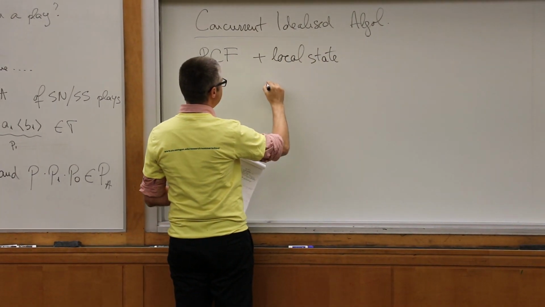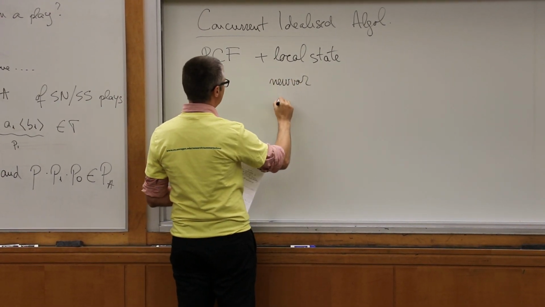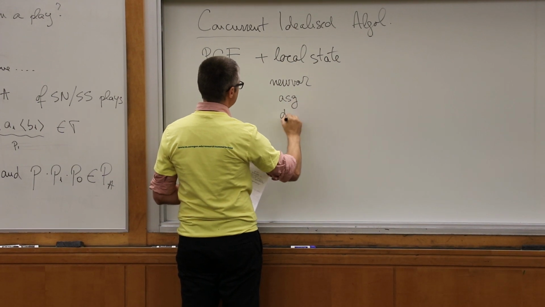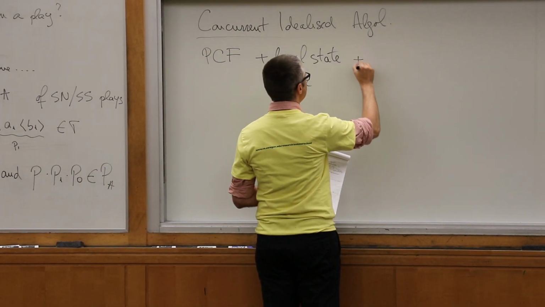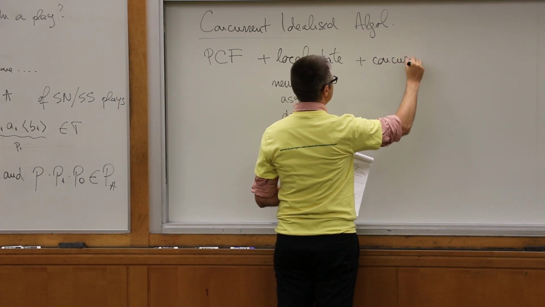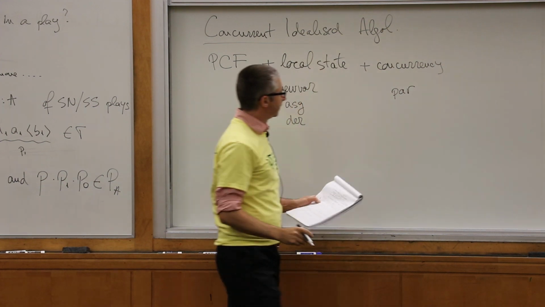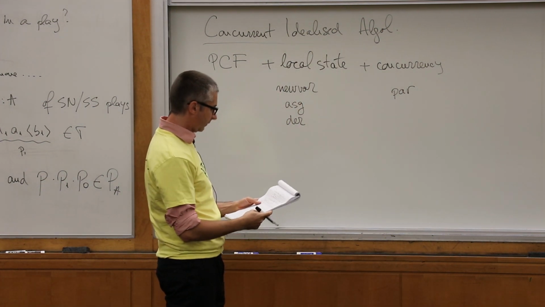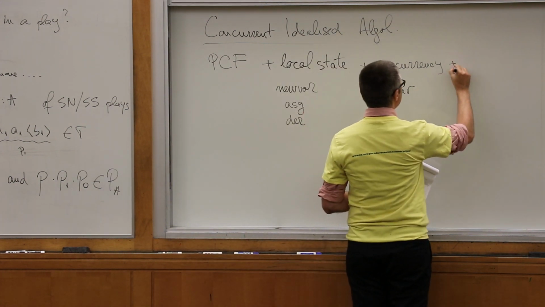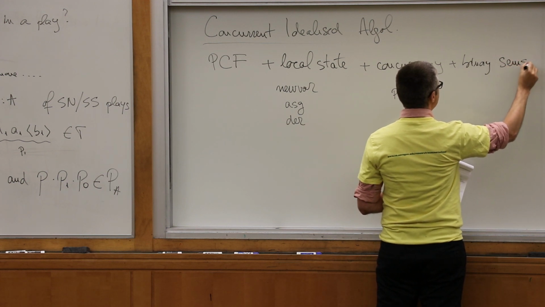Local state, so we said that this is a new var operation, and of course you have assignment and dereferencing. Concurrency, parallel composition, I showed you before, plus binary semaphores.